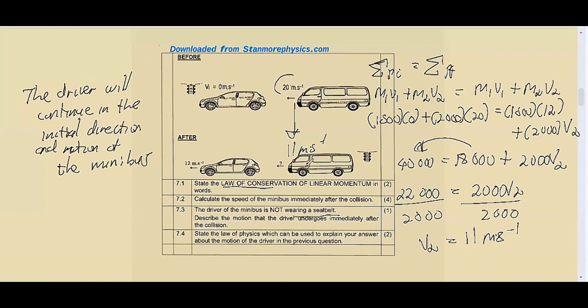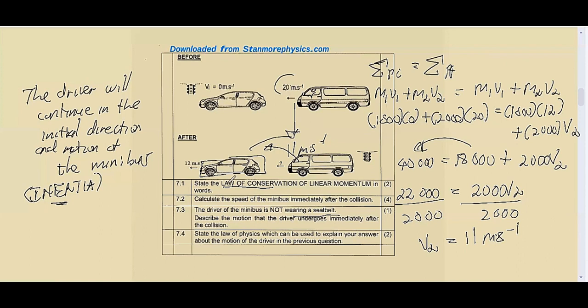So now we do understand that if we have our driver here and then they collide, they will just continue in that very same direction because of what we know as inertia, right? So what is inertia? We say this is the resistance of the body to its change in motion, right?